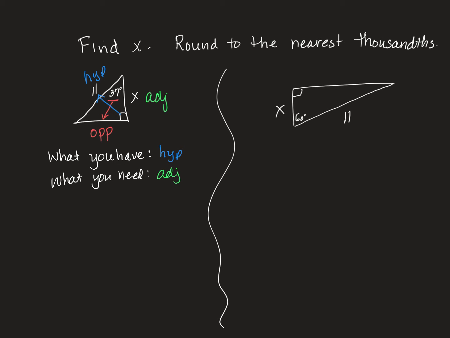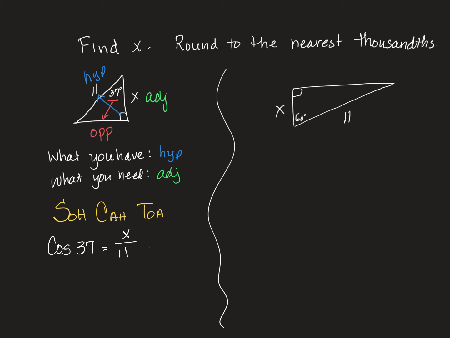And then when I go back and I think about SOHCAHTOA, I see that hypotenuse and adjacent is this one right here. It's the cosine. So then I'm going to solve. So I'm going to say the cosine of 37 equals the adjacent, which is x, over the hypotenuse, which is 11.